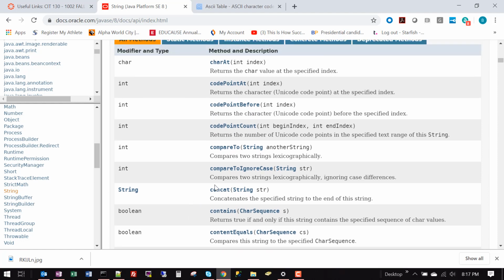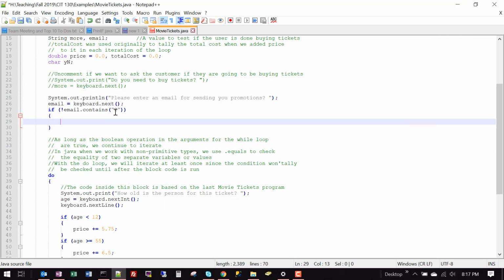You'll see that there is one called contains, and it says it's a character sequence that can be represented as a string. And so we're just doing one that's 1 in length. Doesn't matter. It could be a longer sequence than that. But it's just a sequence of 1 @ symbol, just to make sure it's a valid email.